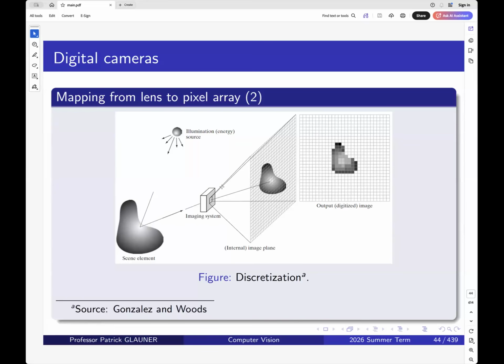And because we have our imaging system, like our camera, eventually this one gets mapped on this internal image plane. And then what we need to get out is a digitized or discrete structure. What we see here is that the scene element, its shape is not continuous anymore, but it's digitized because we have an image which is m rows and n columns.